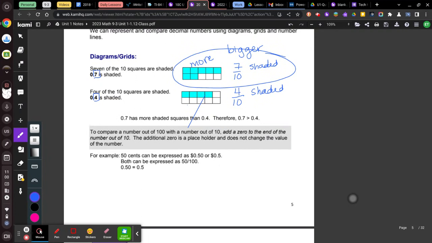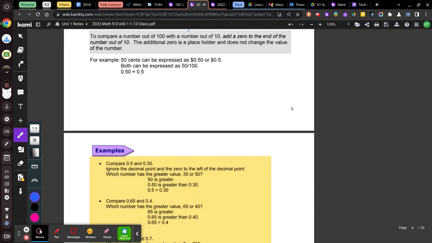All right. On the bottom here, it says 50 cents. We can express 50 cents as 0.50 or 0.5, because that means we have 5 dimes. What they've done is they've actually rounded it. They haven't put the place value for the pennies in there. They're telling us we have no pennies, only dimes.